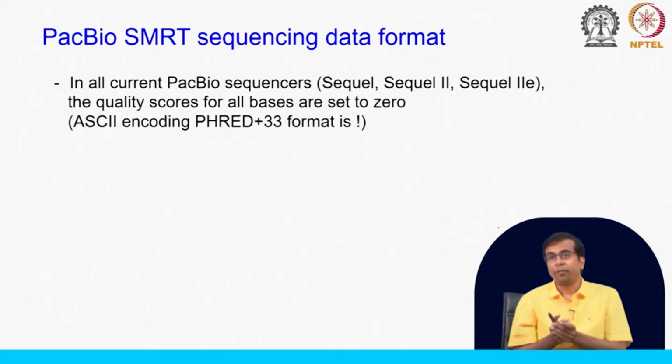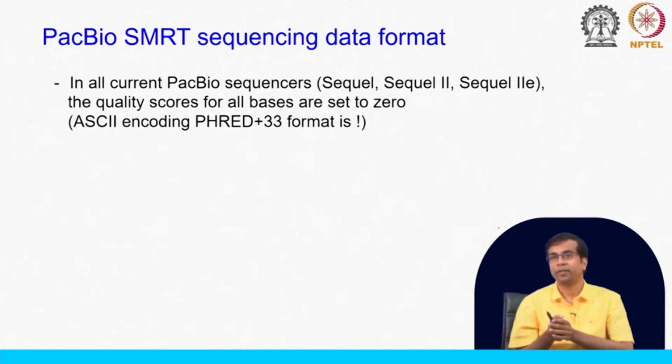Now, what you will probably see if you are working with recent SMRT sequencing data, from all current PacBio systems, like the ones we showed a few classes back, the Sequel, Sequel II, Sequel IIe systems, is that the quality scores by default will be set to 0, and the encoding for all of them will be exclamation mark, as you have seen in the Phred plus 33 format.